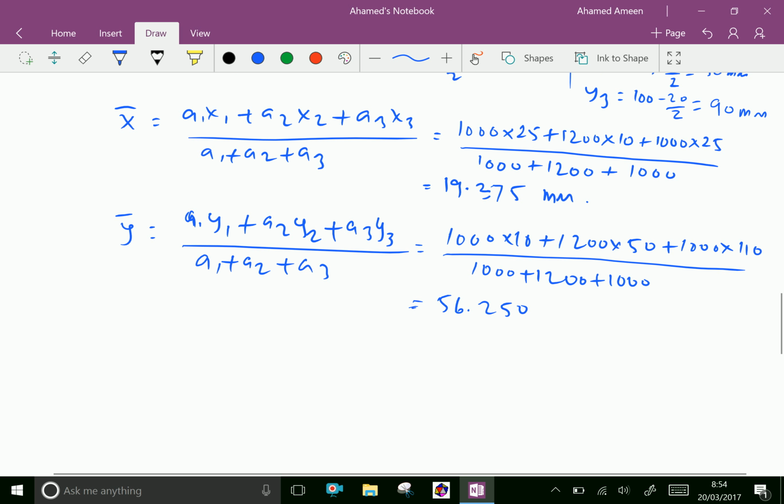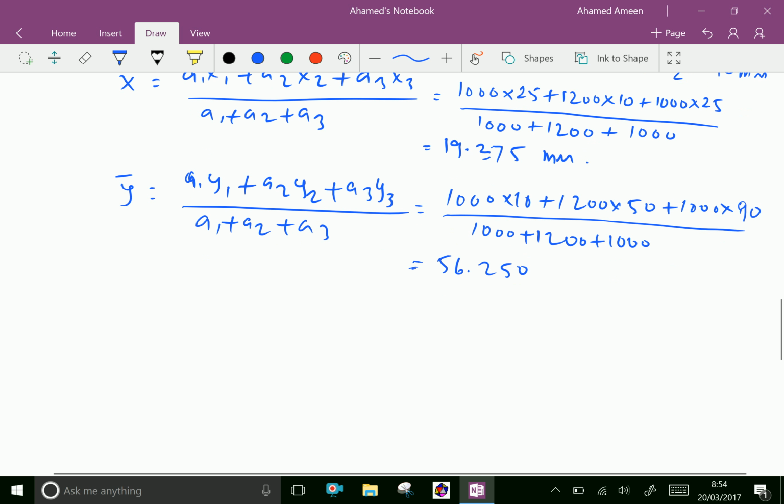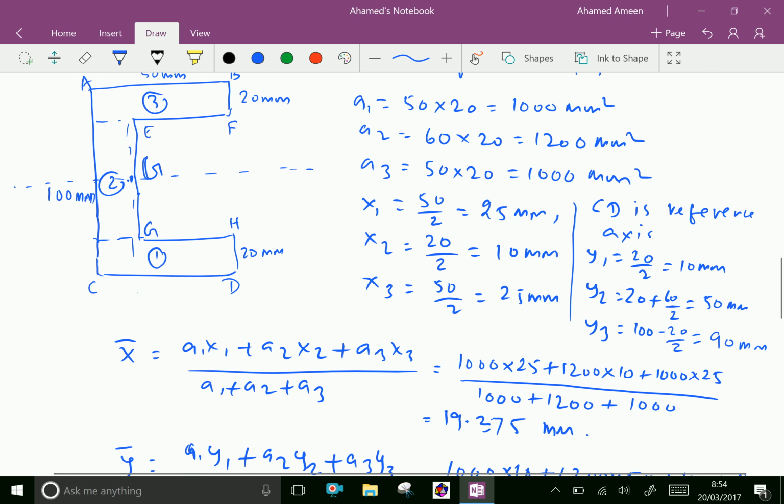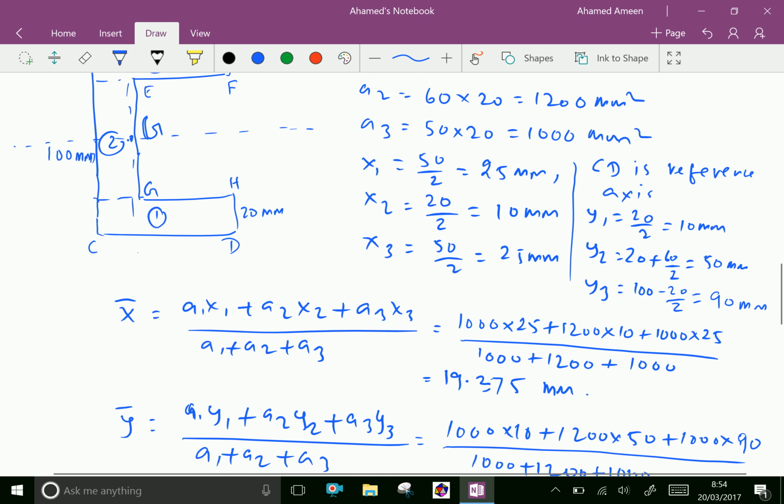Put that value here, 190. So we can get the final answer exactly 50 mm, which is half of the height of the channel section.